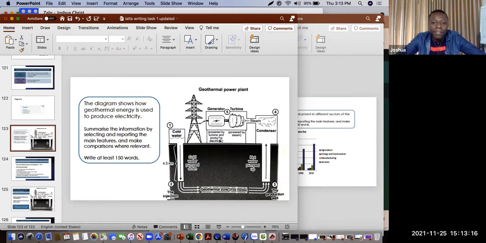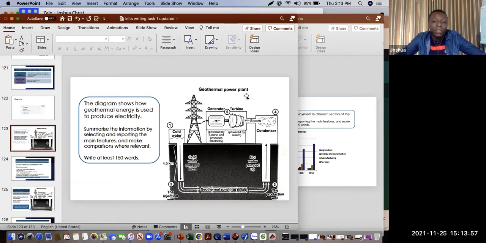We also have the condenser with a steam, and we've got a turbine powered by the steam. So the turbine will therefore act on the generator to produce electricity.